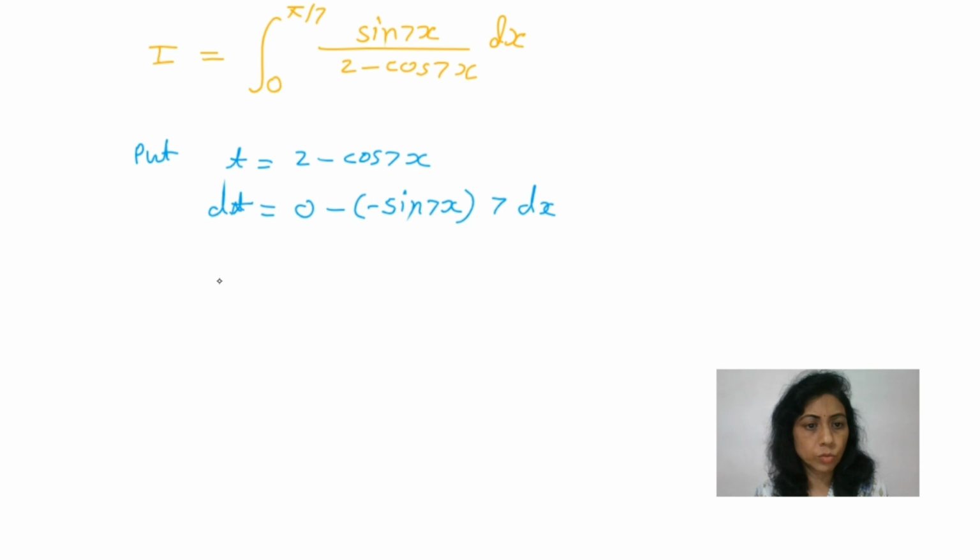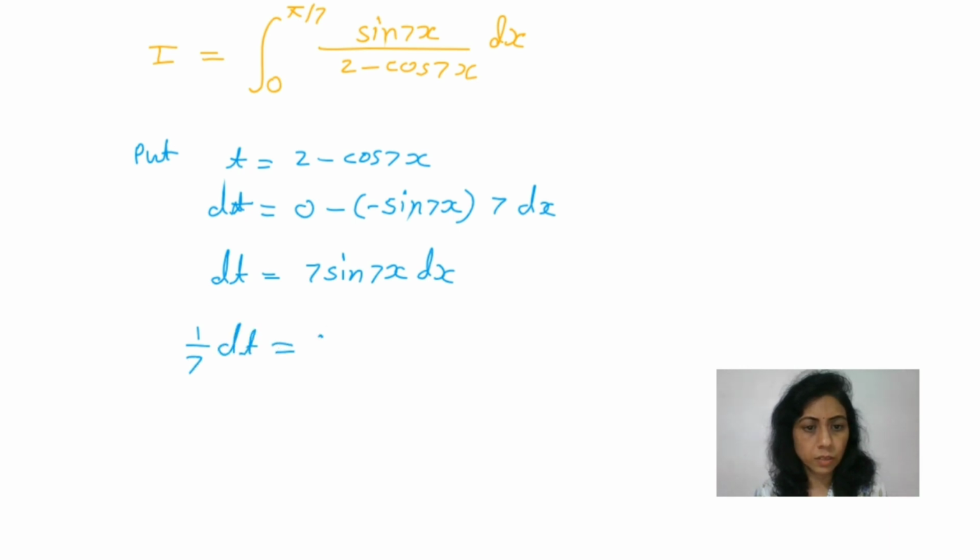Okay, so dt is equal to minus minus plus, we can write 7 first, then sine 7x dx. And here sine 7x dx, so we can write 1 upon 7 dt, 7 transferred to this side.